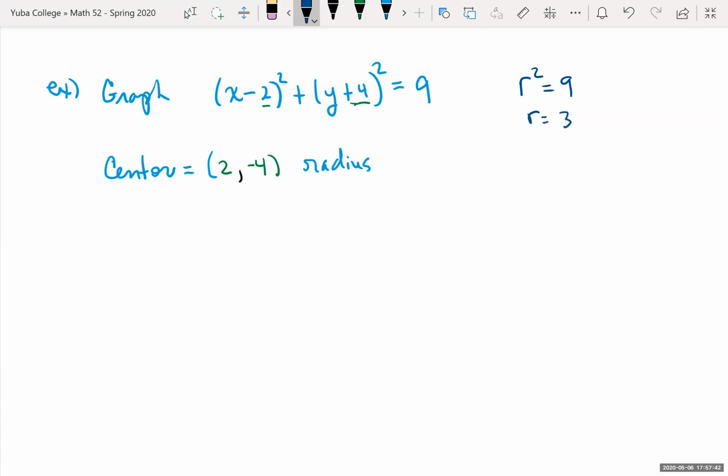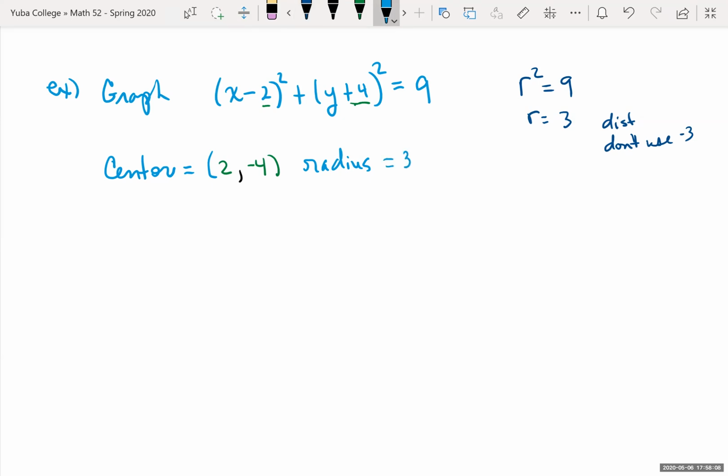When taking the square root of both sides, we didn't include the negative. But normally when you're solving something like that, you have to put the plus and the minus there. So our radius is equal to 3.